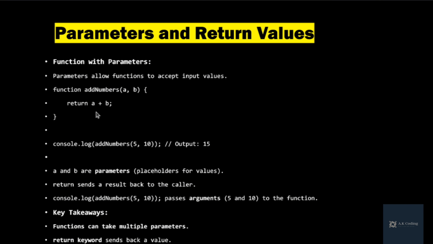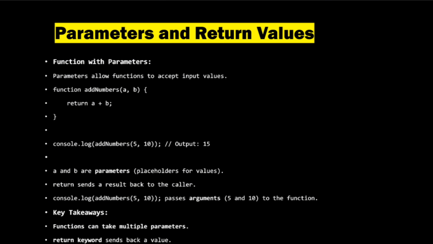Inside the curly braces we have the code block, which is returning a plus b. And in the console log, if we call this function with addNumbers and give the values for a and b respectively, 5 and 10, the return value will be the sum, and we'll be getting 15 in the output.